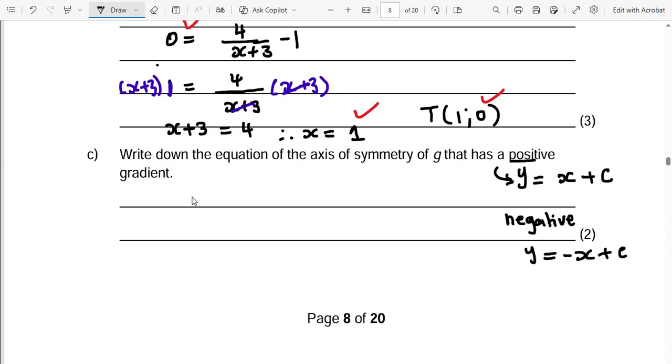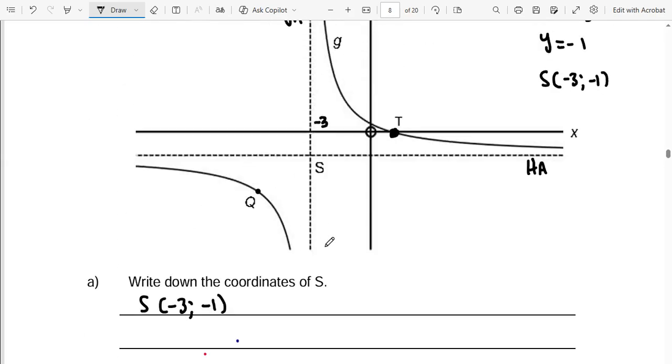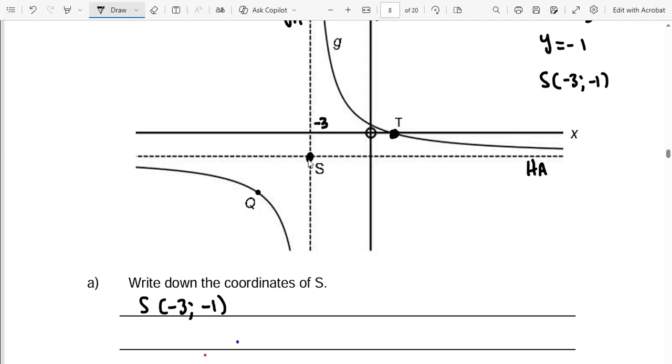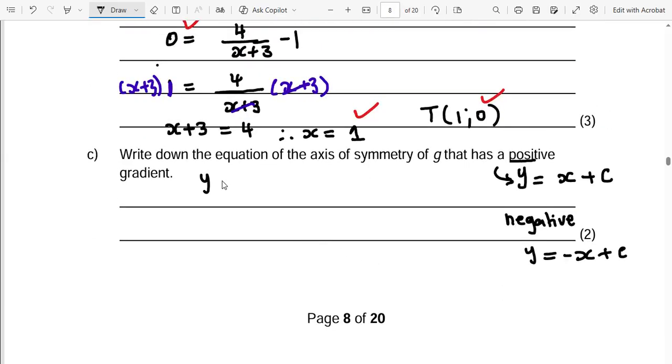you're going to take the point of intersection of your asymptote, which is minus 3 and minus 1. So basically, this is your x, this is your y. We're going to use that point and substitute it here to find c. So y is x plus c, because we are looking for the one that has the positive gradient.